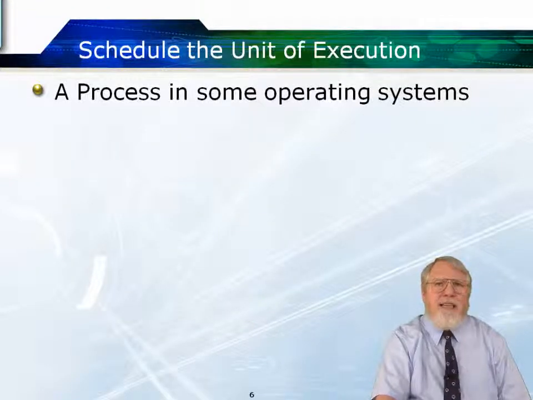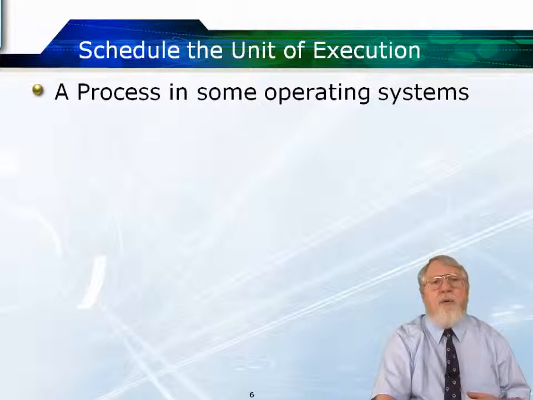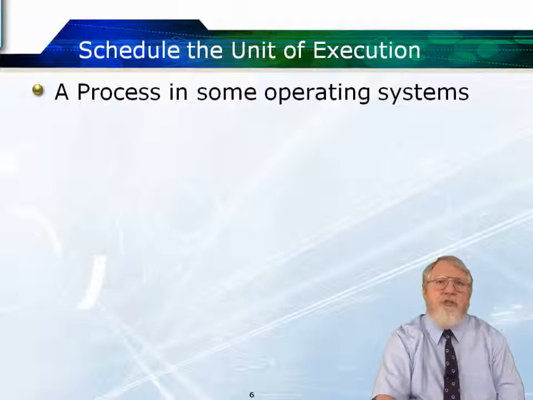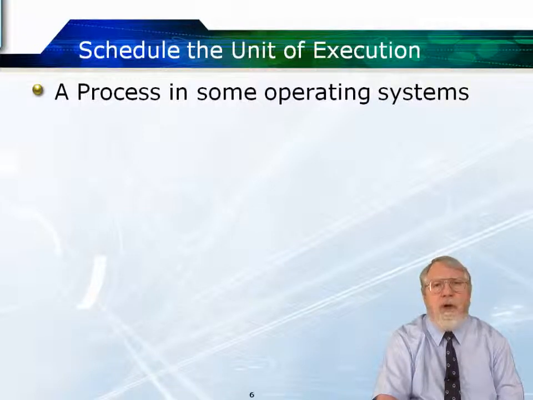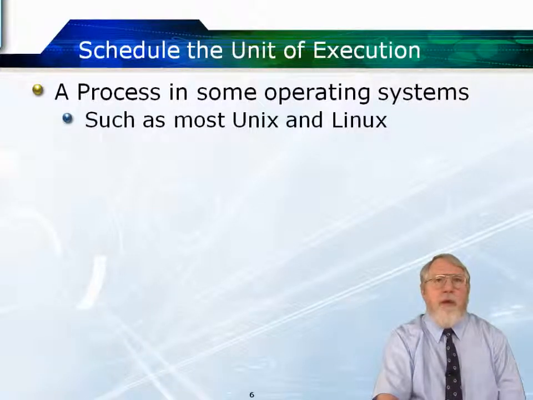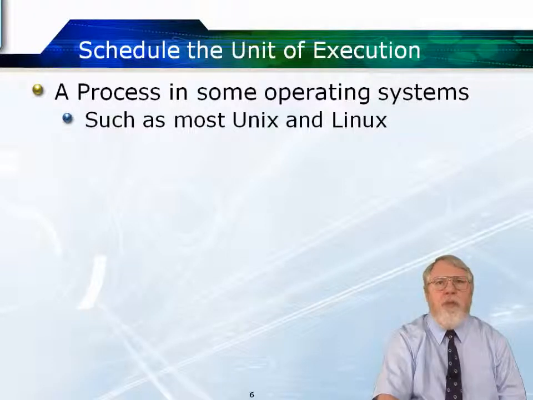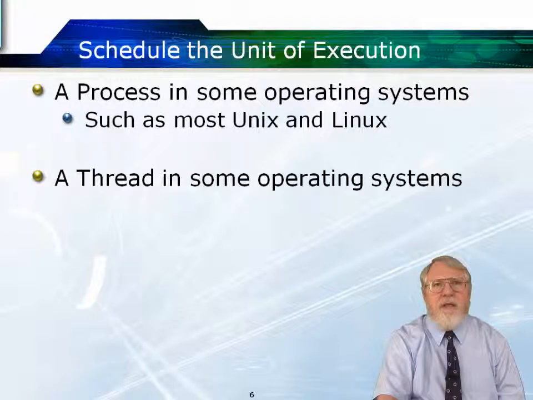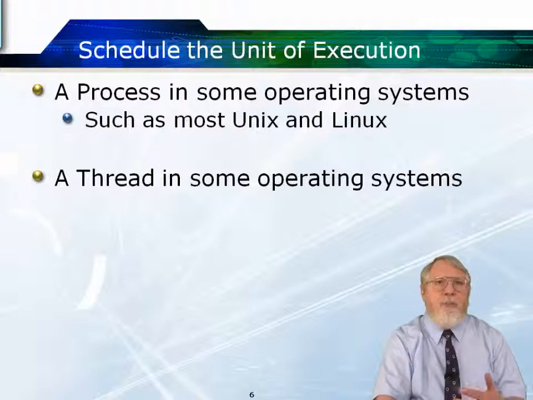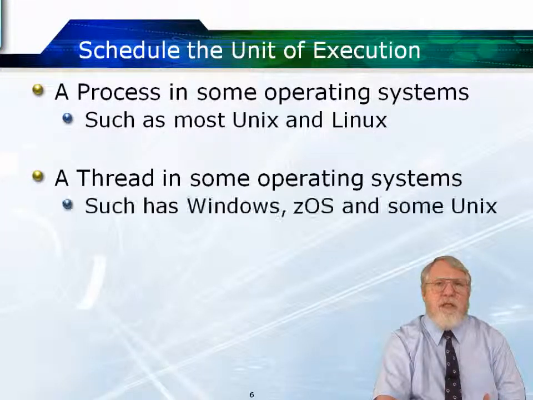A process is something the operating system uses to control, manage, or keep track of work. This is the designation in most Unix and Linux environments. A thread, in some operating systems, is inside of a process.